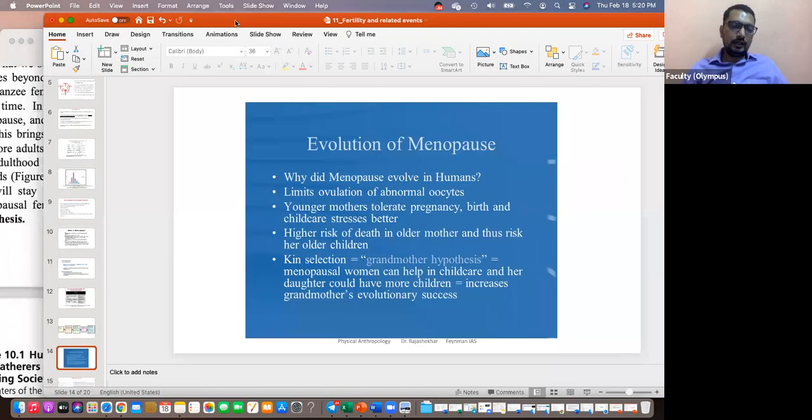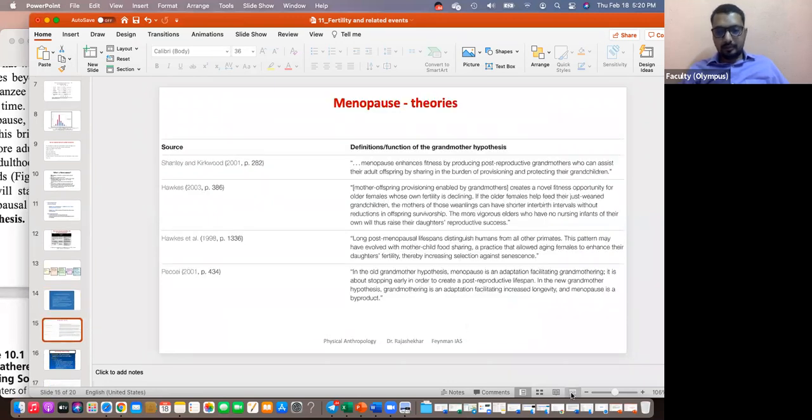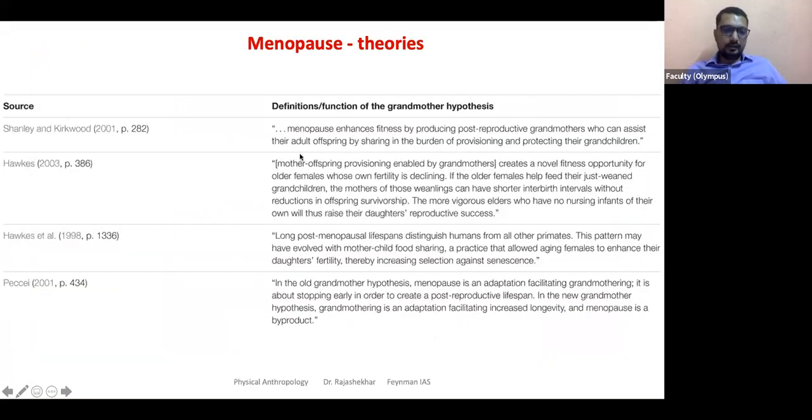There are many variations of the grandmother hypothesis. You don't need to know them, but people have explained it differently in the literature. So this is one I would like to tell you here briefly. I've already explained the concept here. Mother-offspring provisioning enabled by grandmothers creates a novel fitness opportunity for older females whose own fertility is declining with age.